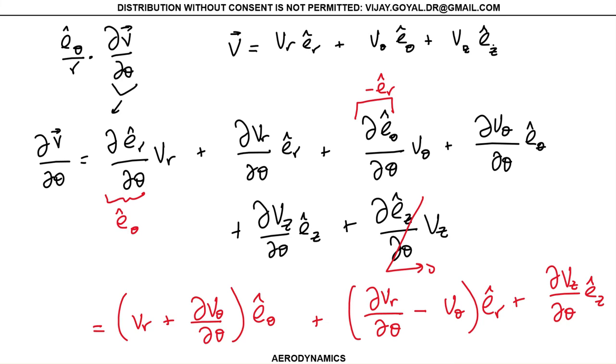Now, don't forget that we still need to multiply this whole thing by this term. We have to take the dot product. So I take all this, dot e_theta over r. Now note that only this term is going to remain. All the other terms are going to cancel out.